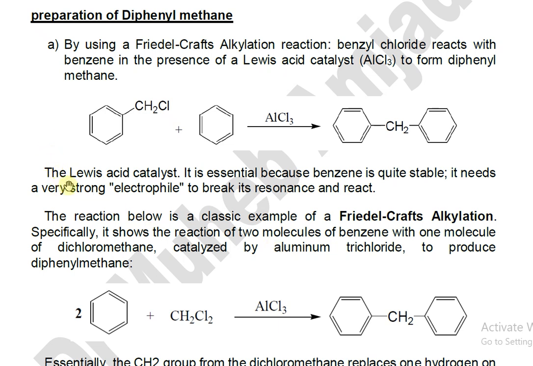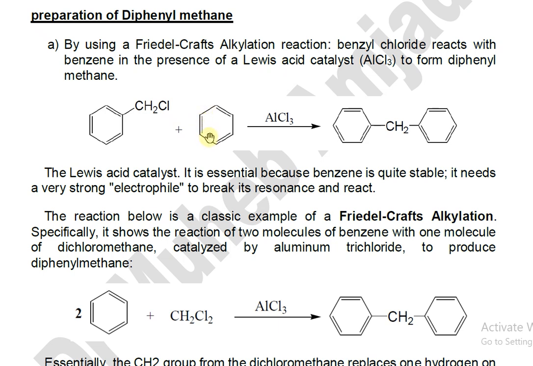The Lewis acid catalyst is essential because, as we said before, the benzene ring is quite stable. So to generate the strong electrophile, the aluminum chloride will react with the halide to generate the electrophile, and then the electrophile will react with the benzene ring.